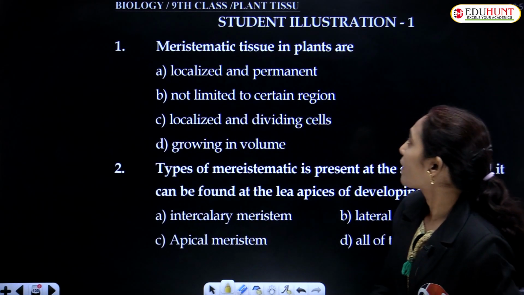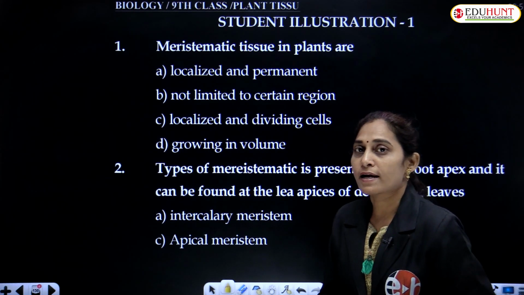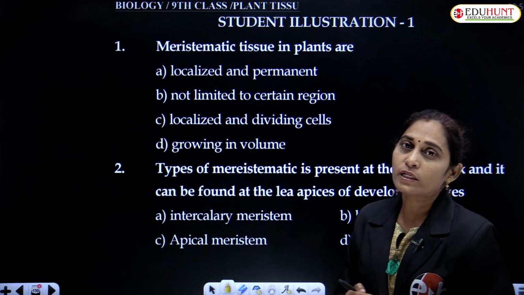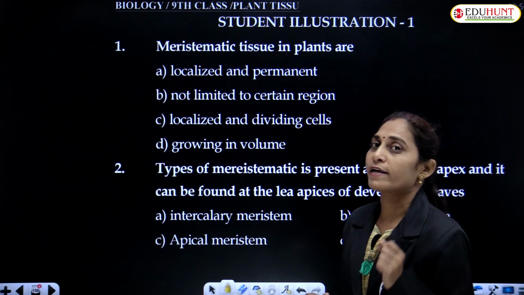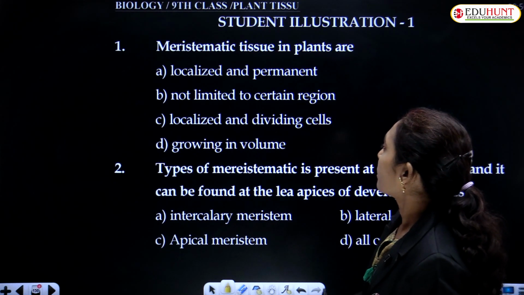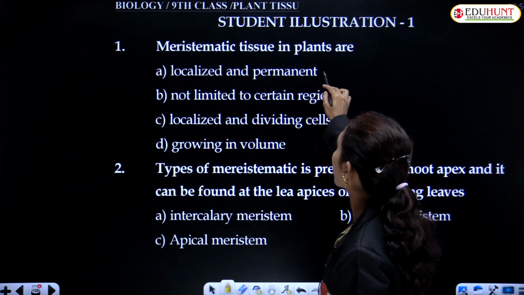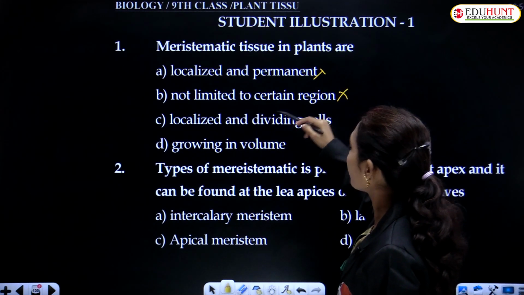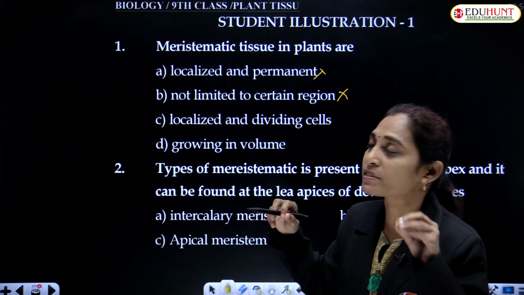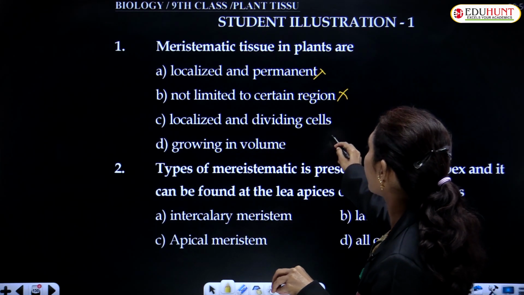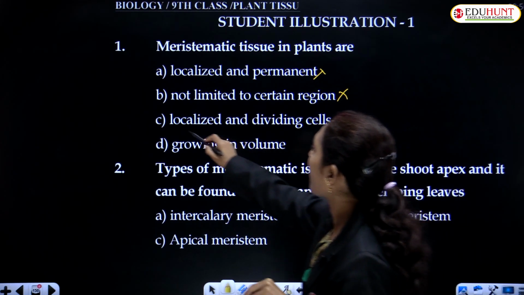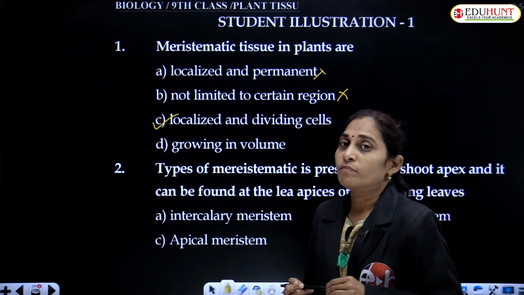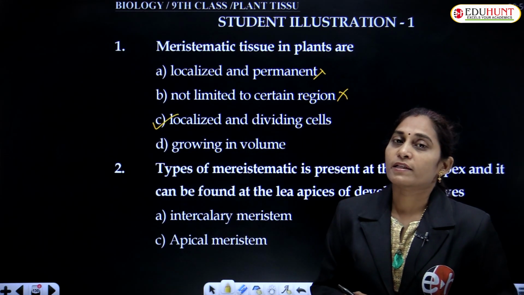Meristematic tissues in plants are, no doubt, dividing tissues. They are not permanent, they are dividing tissues. Not limited to certain regions? No, they are limited to certain regions like growing apices. They are localized and dividing cells because they are dividing, no doubt, but they are localized.